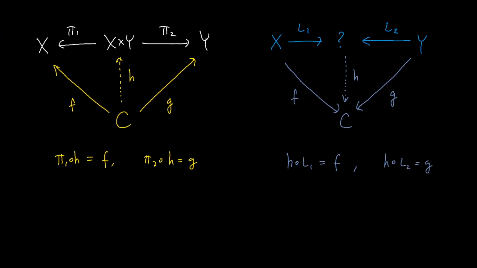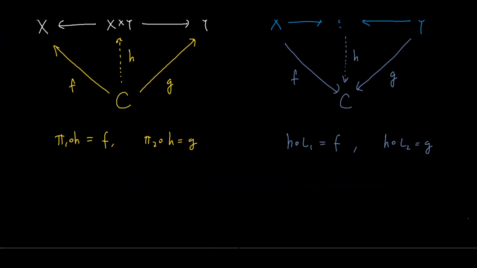If you remember, I think it was last lecture when we were discussing limits, we said that the way we could have guessed that this is actually the Cartesian product of sets is by observing that this condition requires that there be as many arrows from C to X cross Y as there are from C to X times C to Y, because there is one unique H for each pair F, G. So there is a Cartesian product happening there, right?